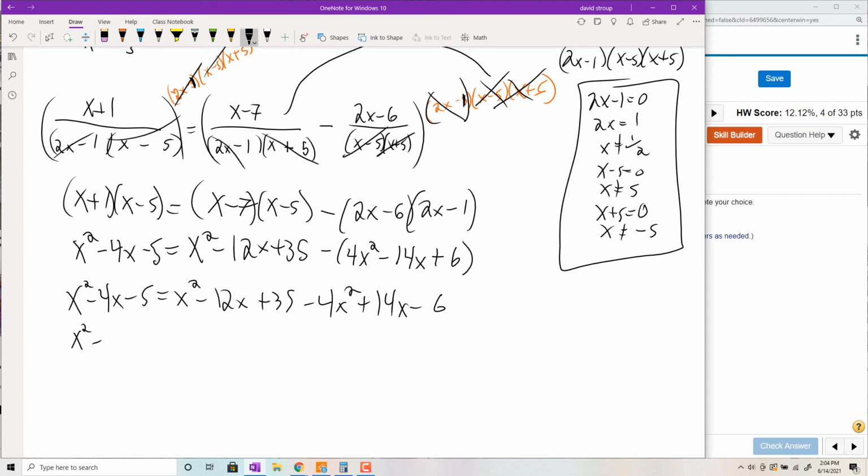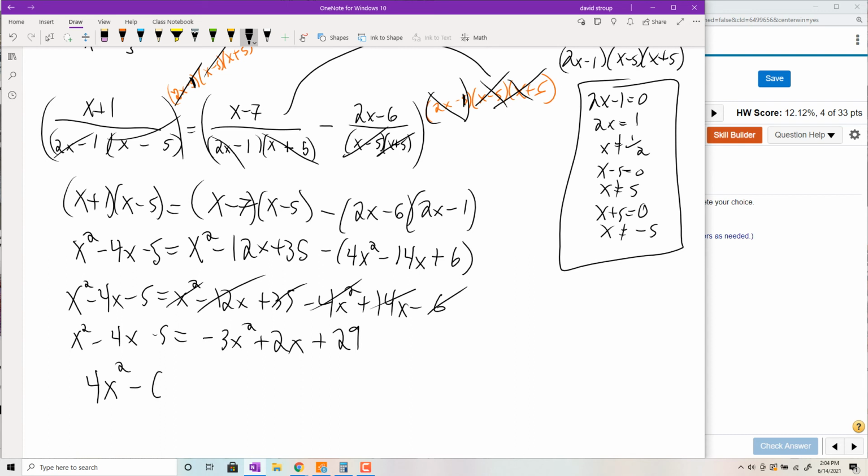Okay, so we got x squared minus 4x minus 5. Start combining some like terms. That's minus 3x squared plus 2x plus 29. Okay, I'm going to move the stuff on the right to the left. So plussing 3x squared, I'll get 4x squared.